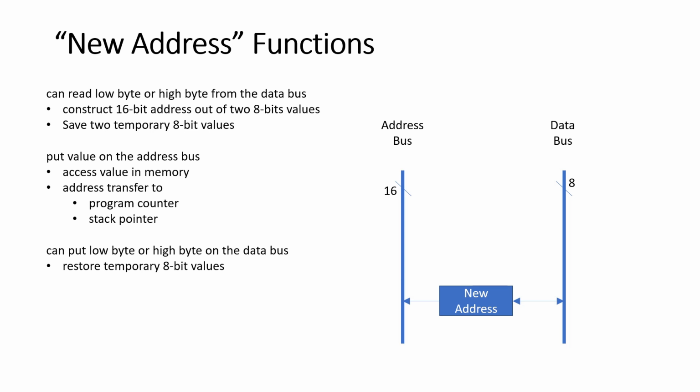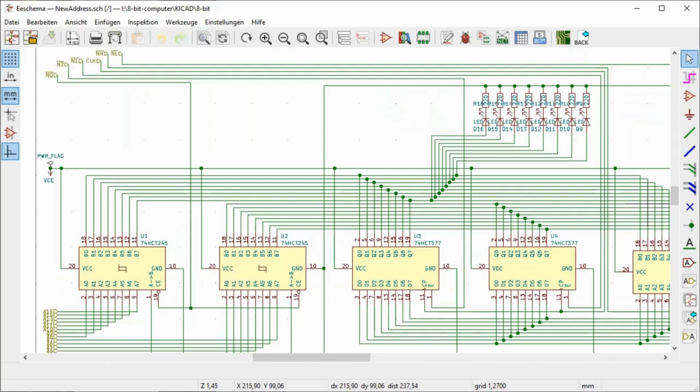The transfer register, or how I called it, new address register, stores two 8-bit values in these two 8-bit flip-flop chips. I used the 377 for that purpose.